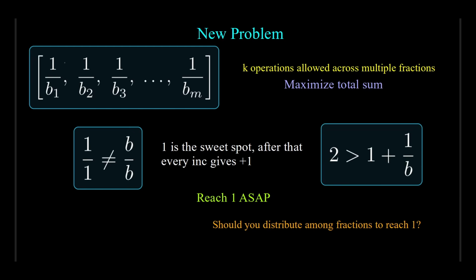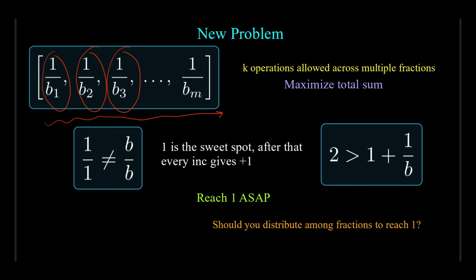So let's say, previously I gave you just one entry, which is 1 upon b, but this time I give you multiple entries, like let's say 1 upon b1, 1 upon b2, 1 upon b3, etc. So you have m entries, and you are allowed to do the operation on any of the fractions, not necessarily one fraction.